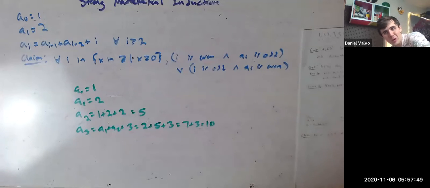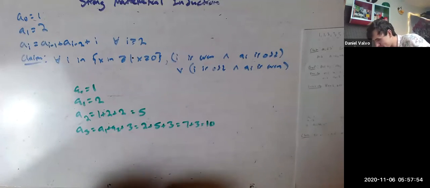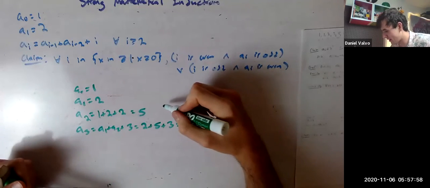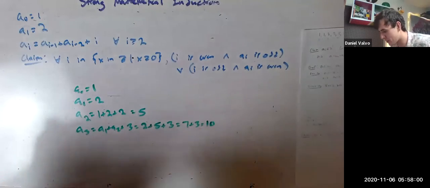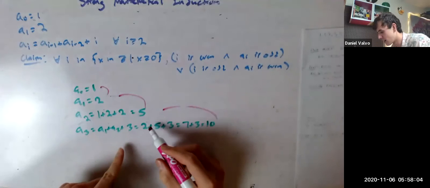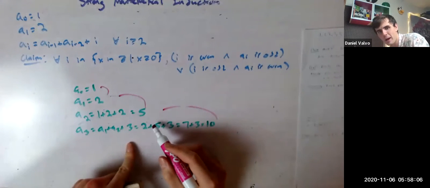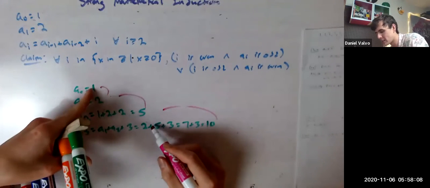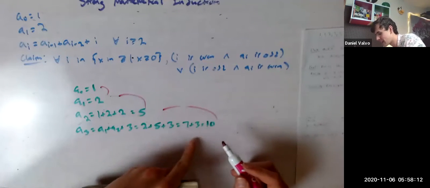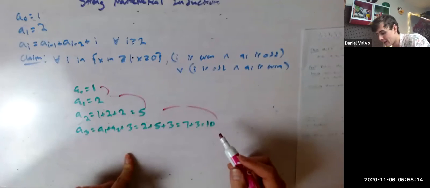And why would this always work? Well, notice that every two consecutive numbers, like these two, these two, these two, are going to have opposite parity. So 1 and 2, one's even, one's odd. 2 and 5, one's even, one's odd. 5 and 10, one's even, one's odd.